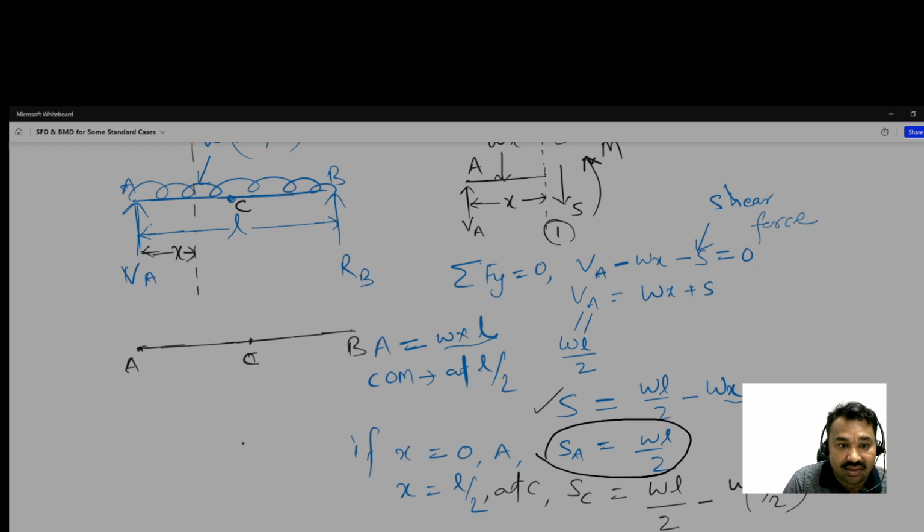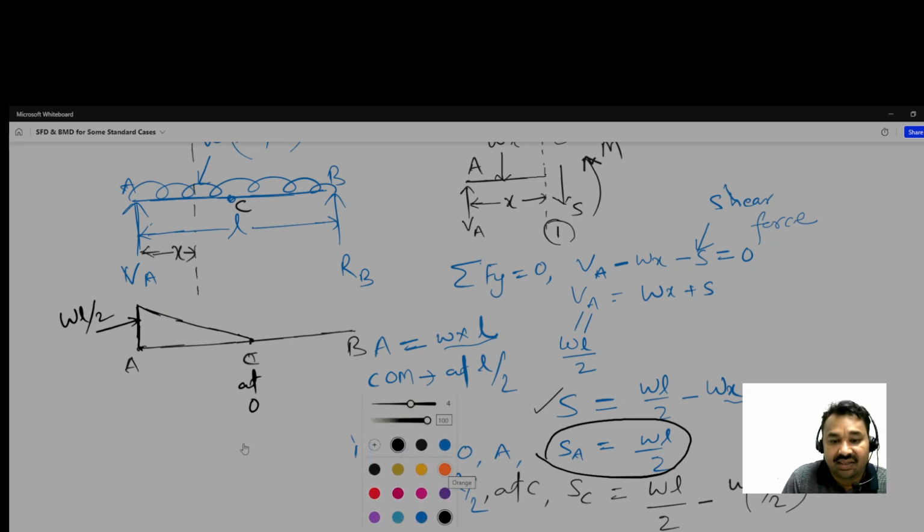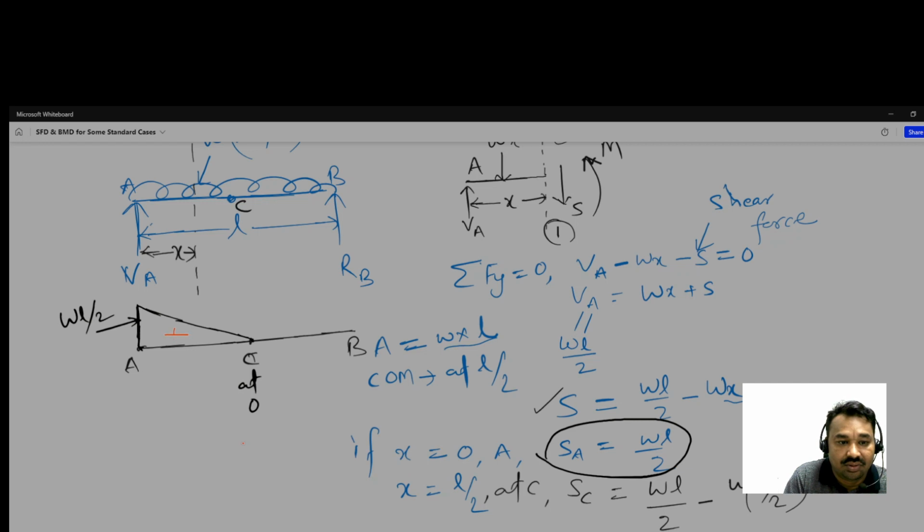Here at C, 0 shear force, but at A it has a magnitude. wL by 2, varying linearly. So firstly we have to show the magnitude, this is the magnitude wL by 2, and it is varying linearly. So this we have done for the left section, it is positive.